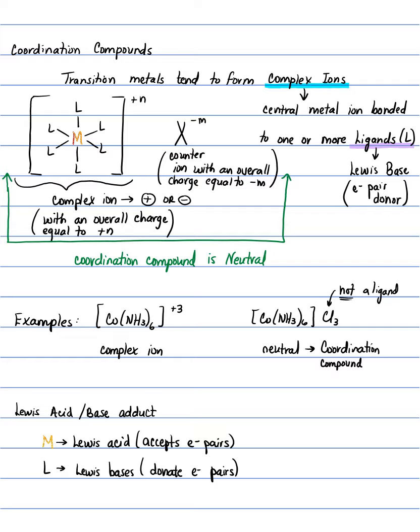When you have a coordinate covalent bond, both electrons are coming from the same substance, which in this case will be the ligand. So your metal is positive and electron deficient. The ligand is a Lewis base with a pair of electrons, and both electrons in that chemical bond are coming from the ligand.